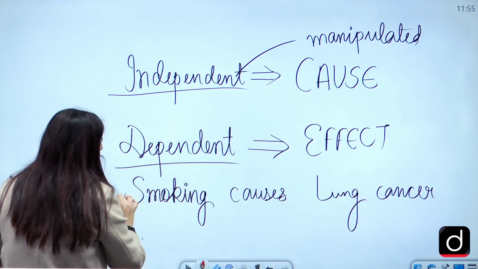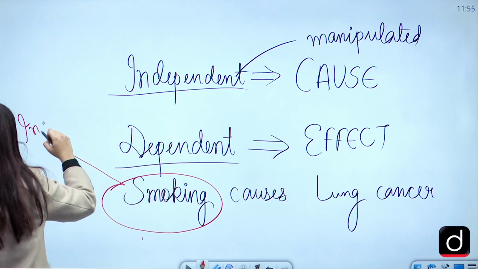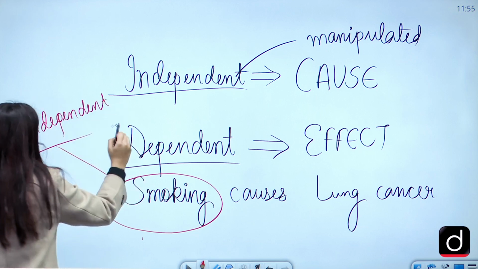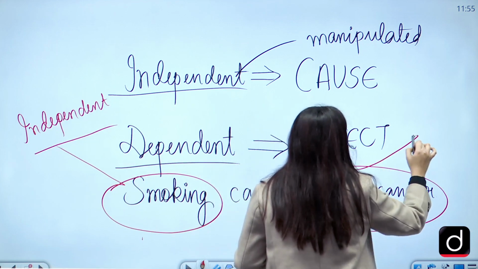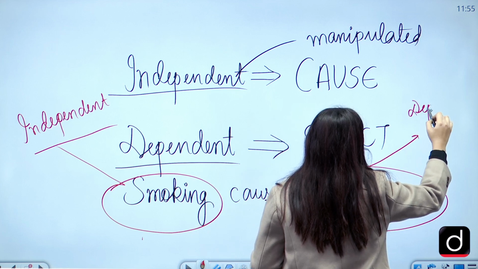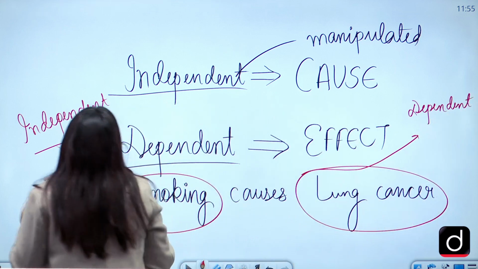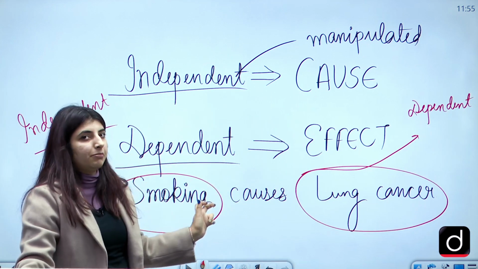The independent variable is smoking. And the dependent variable here is lung cancer. Now, when I say independent and dependent, we'll look at the word manipulation from this perspective.